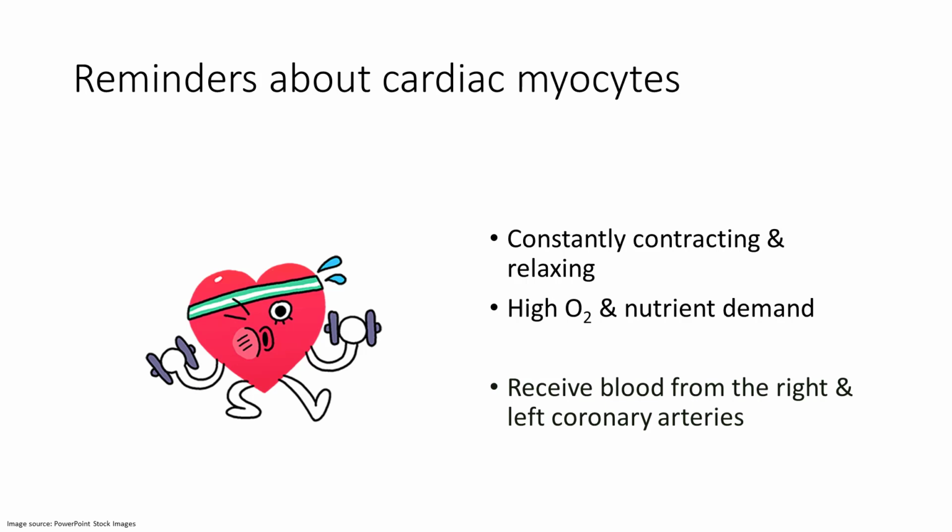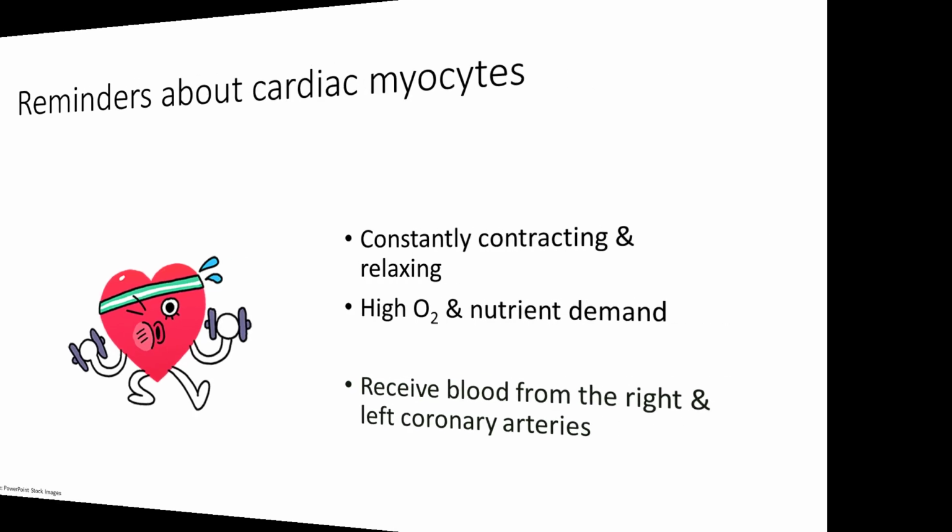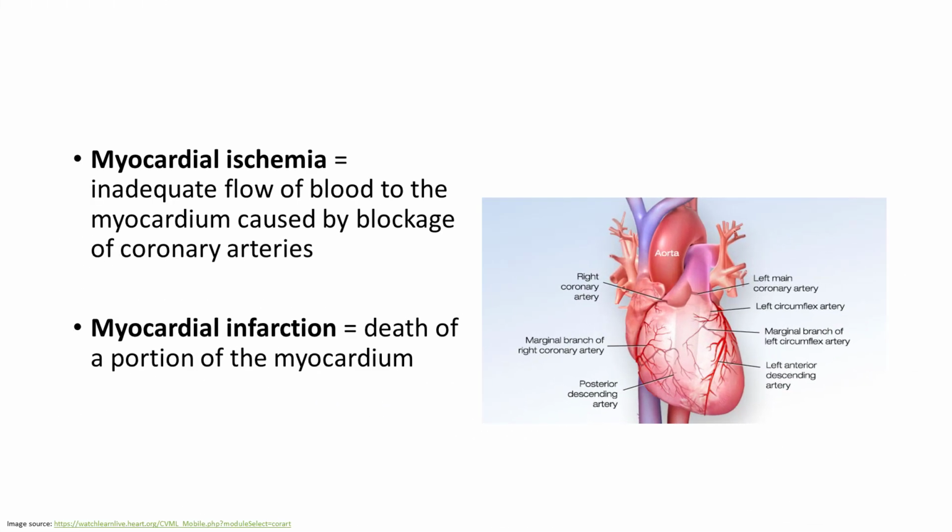In order to supply the heart's aerobic energy system with the oxygen and nutrients it needs, blood needs to be delivered to the cardiac myocytes. The coronary arteries are the blood vessels that are responsible for delivering the blood that gets used by the heart. If someone's cardiac myocytes are not able to get enough oxygen and nutrients because of a partial or full blockage of one of their coronary arteries, we say that patient is experiencing myocardial ischemia.